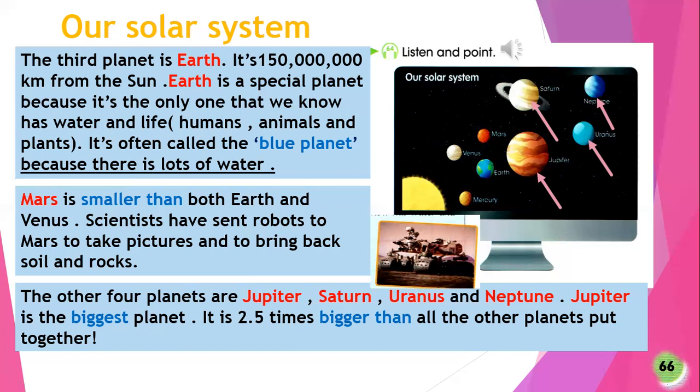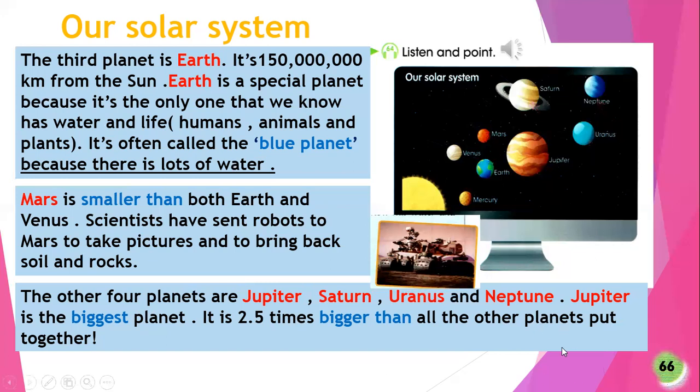Scientists have sent robots to Mars to take pictures and to bring back soil and rocks. The other 4 planets are Jupiter, Saturn, Uranus, and Neptune. Jupiter is the biggest planet. It is 2.5 times bigger than all the other planets put together.